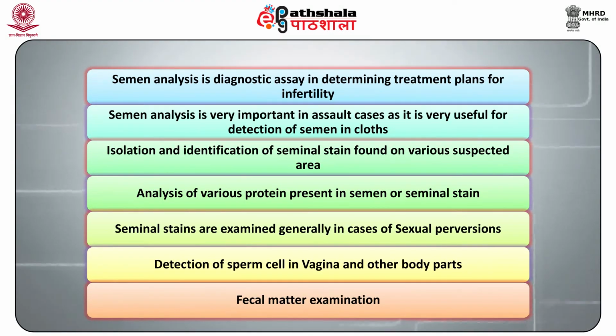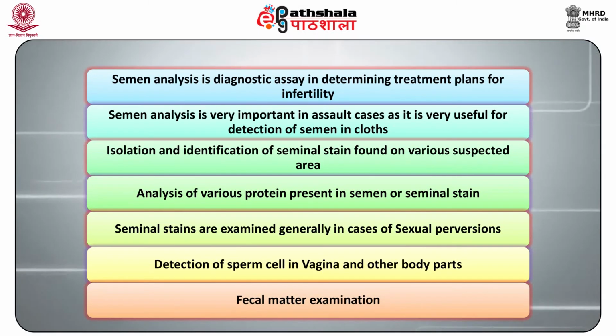Semen analysis is very important in assault cases as it is very useful for detection of semen on clothes. It involves the isolation and identification of seminal stains found on various suspected areas such as cloth, bedsheet, pillow, blanket, etc., and analysis of various proteins present in the semen or seminal stain.